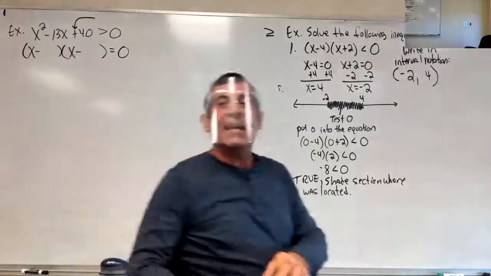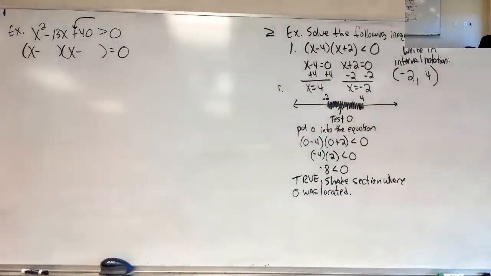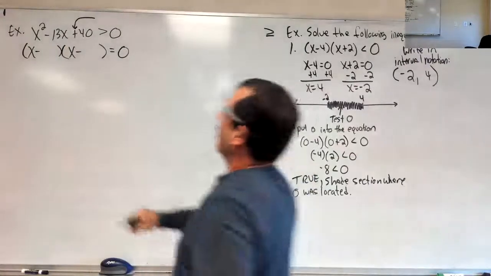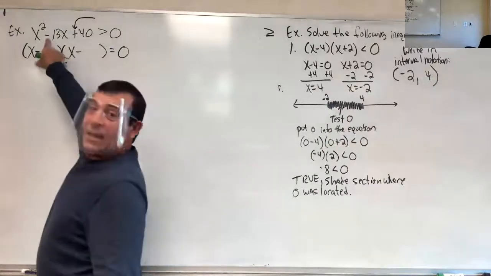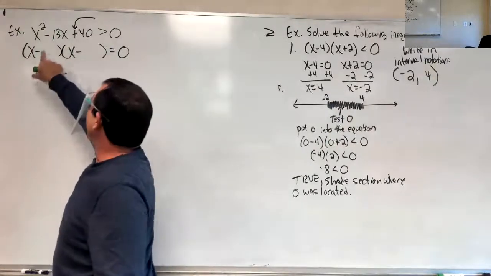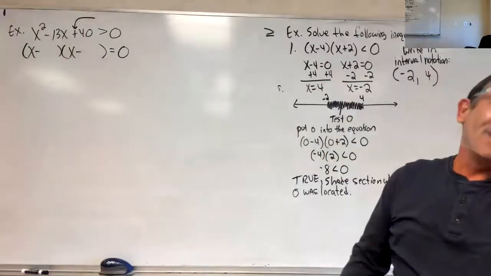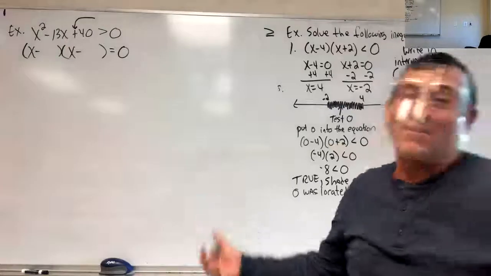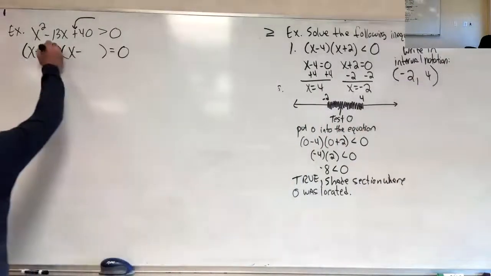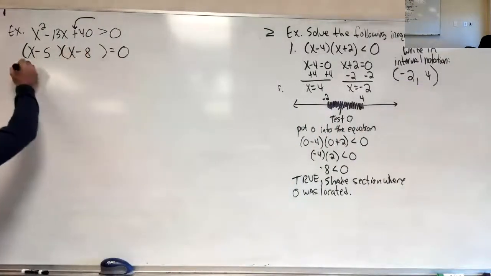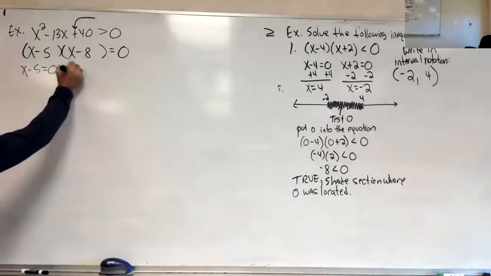Only time we'll get unlike signs is if the last one's a negative, okay? Because remember, a negative plus a negative is a negative when you add them, but a negative times a negative is a positive. 5 and 8. See, once you got that done, it's pretty quick getting them numbers. So then I'll set both of them equal to 0 and solve.